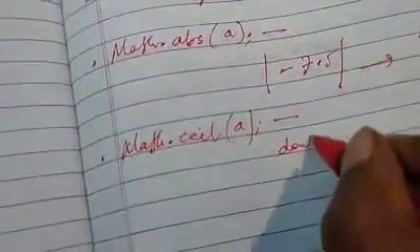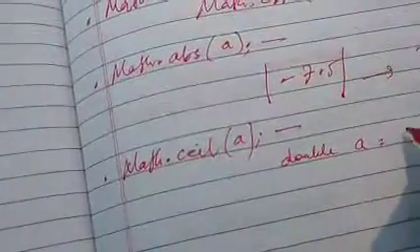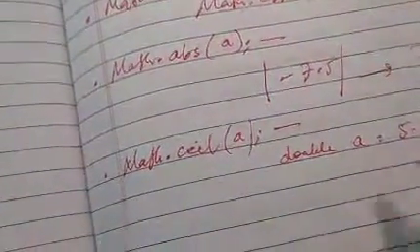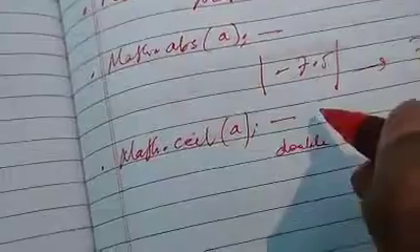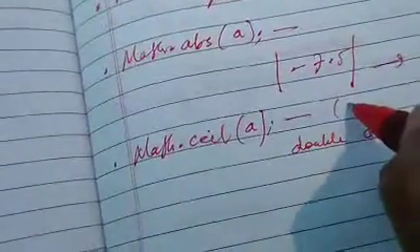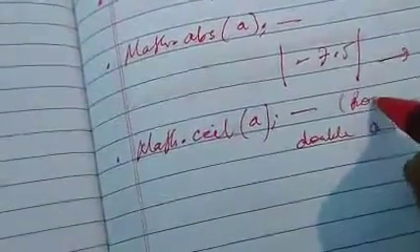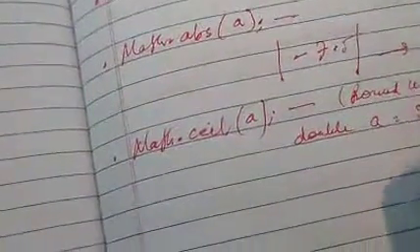For example, double a is equal to 5.73. Another word for math.ceil is round up. Please remember, it doesn't perform approximation.